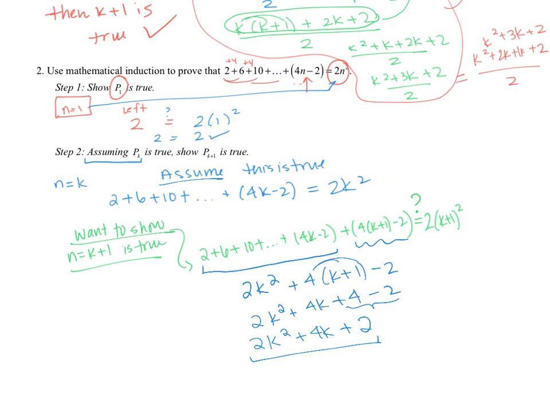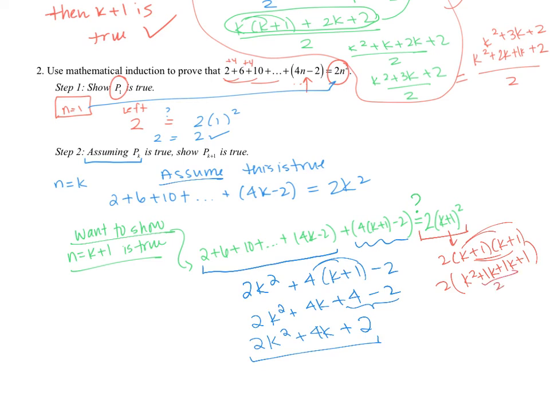So let's look at what's going on the right side, because maybe you know how to factor, maybe you don't. If I just simplify this by multiplying k plus 1 squared, that's k plus 1 times k plus 1, distribute, we end up with k squared plus 1k plus 1k plus 1, and then 2 times that.